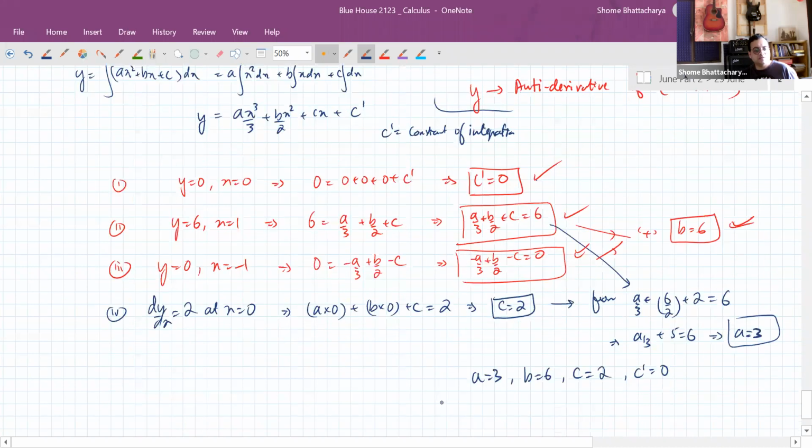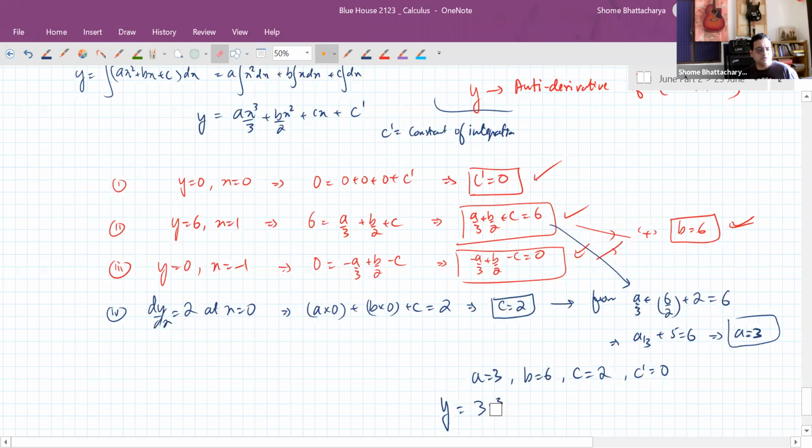So that means y is equal to... something's gone a little wrong here, is it? No. It's a by 3, no?